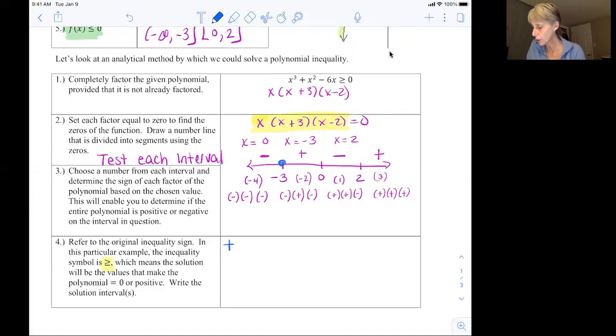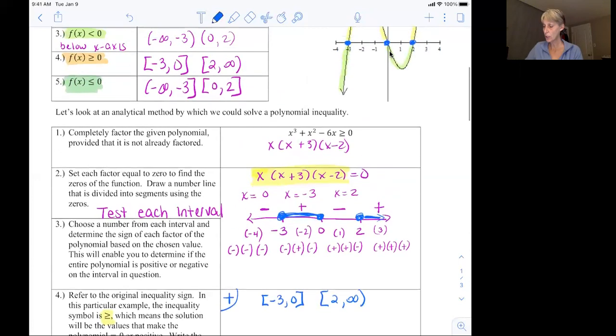So I'm going to include, that's my solution set with my endpoints included. If they were not included, I would just put an open circle. Include. And if I identify this, right, we're doing the positives, -3 to 0 and 2 to infinity.